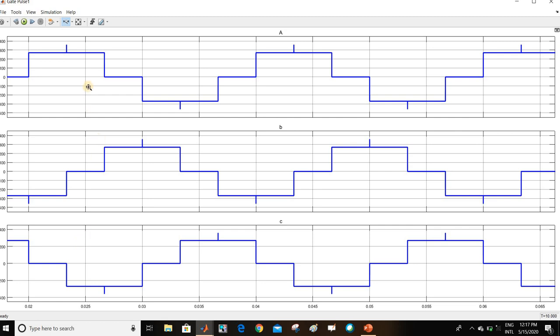Now for the span of 60 to 120 degree, what is your VAB? VAB is again 270, and for the span of 60 to 120, VBN will be 0. That means VA minus VB for the 60 to 120 degree span will be 270 minus 0, that is 270, that is VDC by 2.